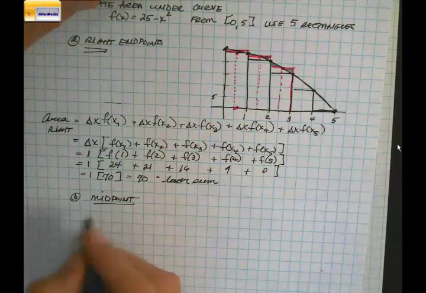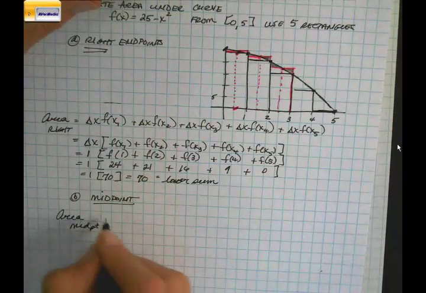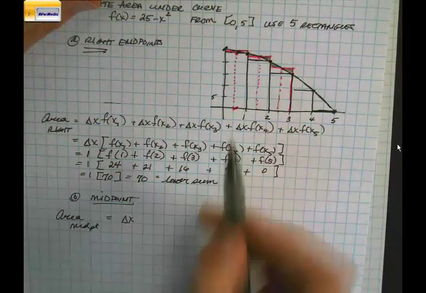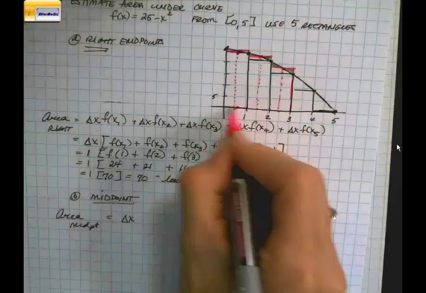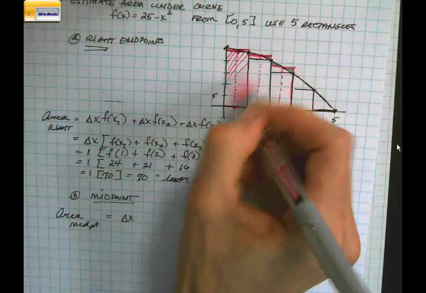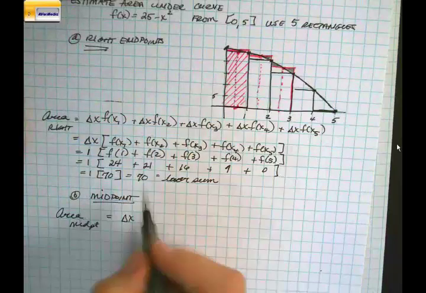Okay, but when you do this one, your area for the midpoint is your delta x, which is still going to be 1. The width of these rectangles, even though I'm using the height at the midpoint, the width of this rectangle is still 1. So everything is 1.